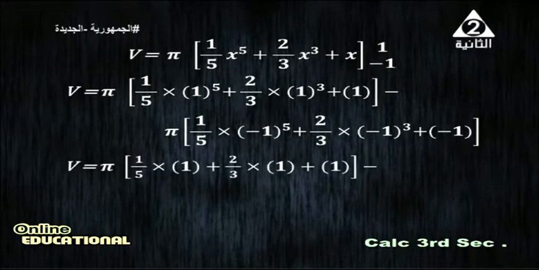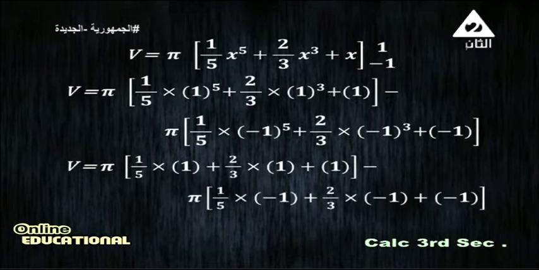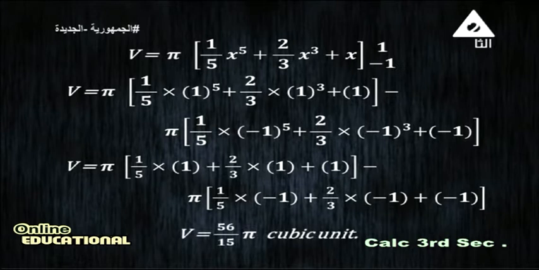Then the volume equals pi times 1 over 5 times 1 plus 2 over 3 times 1 plus 1, minus pi times 1 over 5 times -1 plus 2 over 3 multiply -1 plus -1. Then we can calculate the volume using the calculator. Then V equals 56 pi over 15 cubic unit.